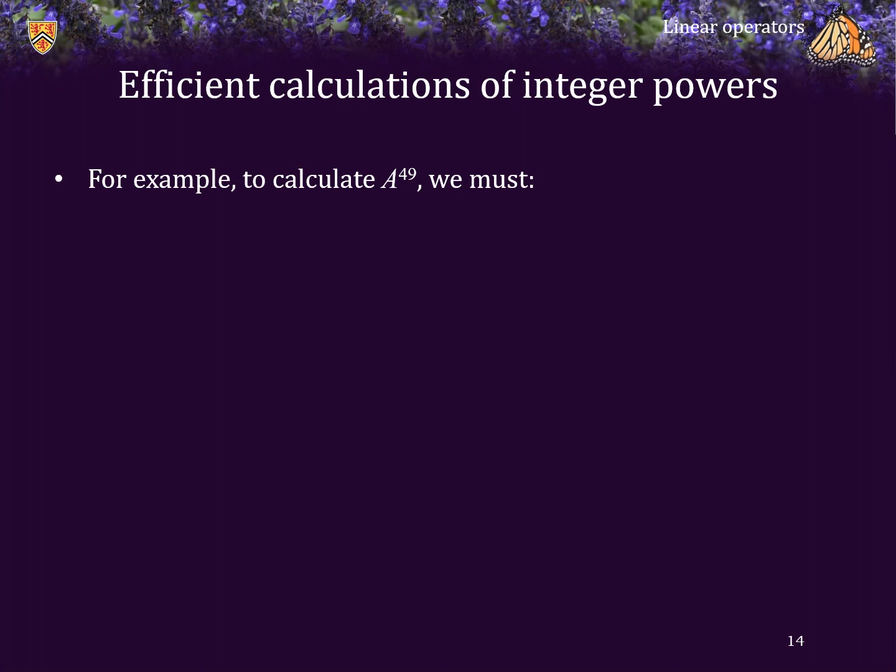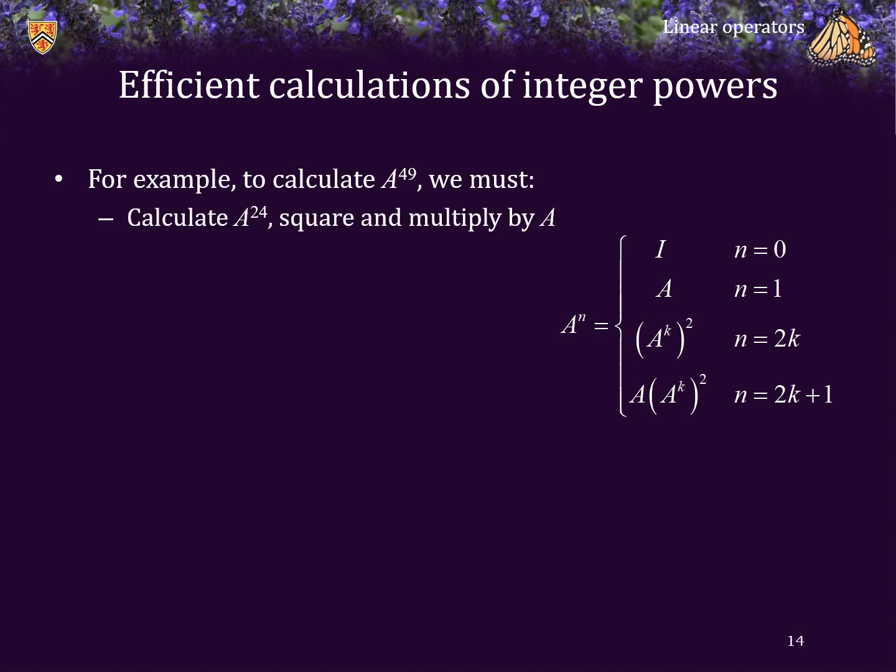Well, to do this, let us use this formula. 49 is odd, it's twice 24 plus 1. So what we need to do is calculate A to the 24, square the result, and then multiply by A.